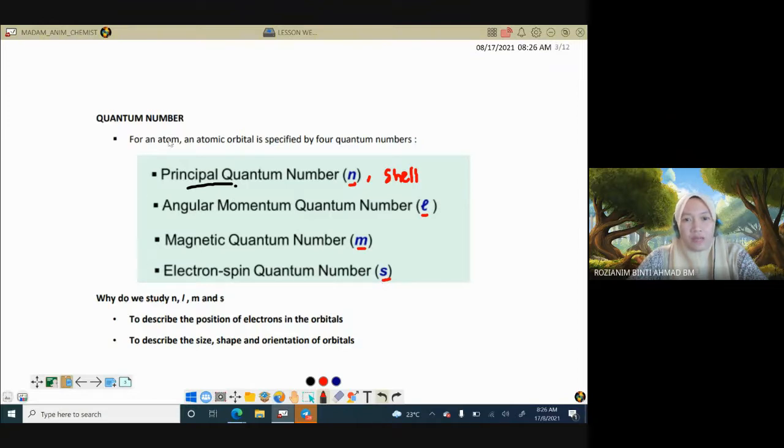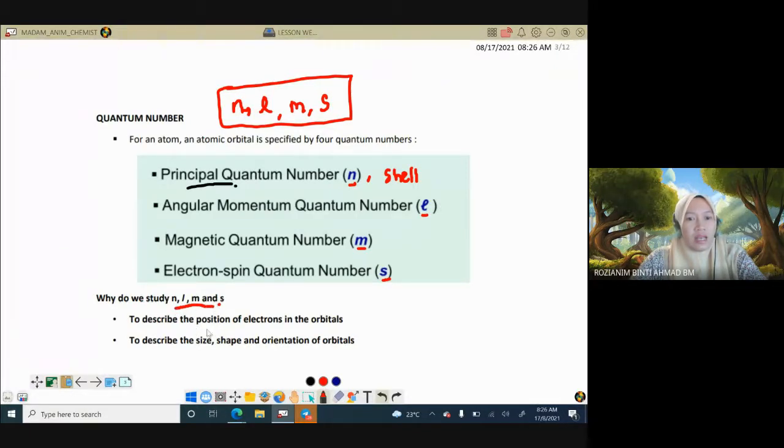So in quantum numbers, we discuss n, L, M and S to identify the location of the electron in the space of the orbital. Why do we need to learn n, L, M, S?